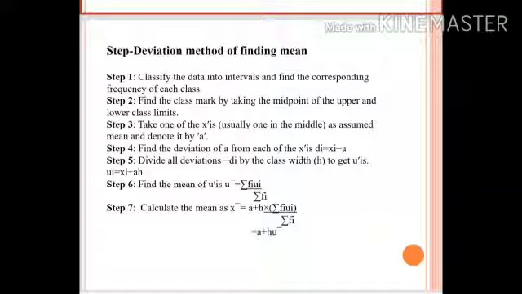And the last step, calculate x bar equals a plus h into sigma fi ui upon sigma fi, that is u bar. So a plus h u bar.